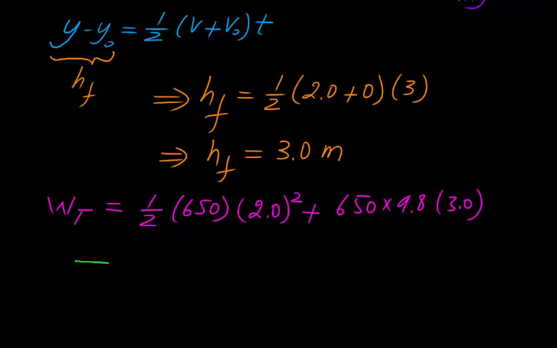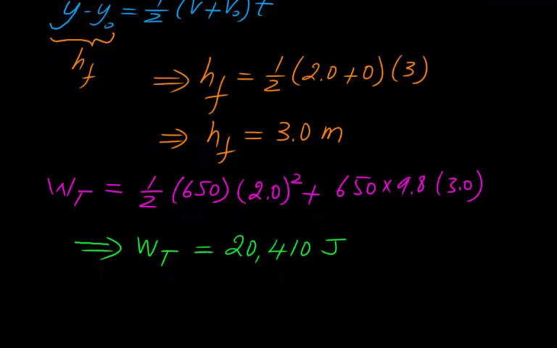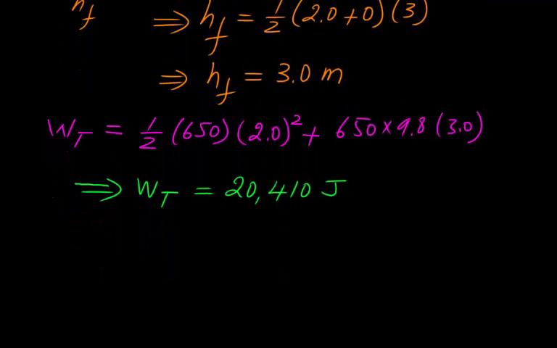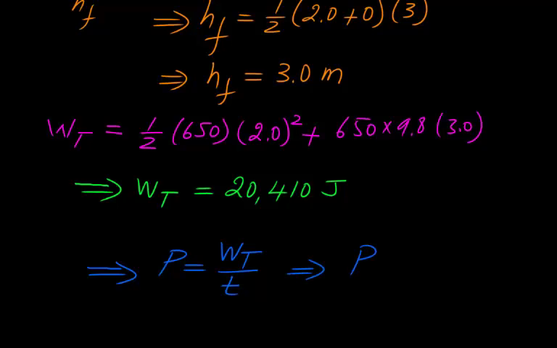Solving for the work done by the tension, we obtain 20,410 joules. Now let's put together those two quantities, the work done by the tension and the time, to solve for the average power of the motor. That is going to equal the work done by the tension divided by the time t. Solving for this quantity, we obtain 6,803 watts.